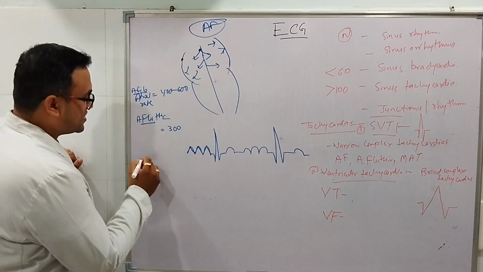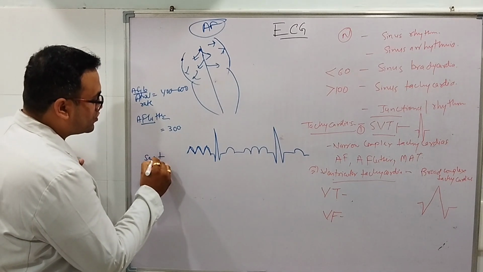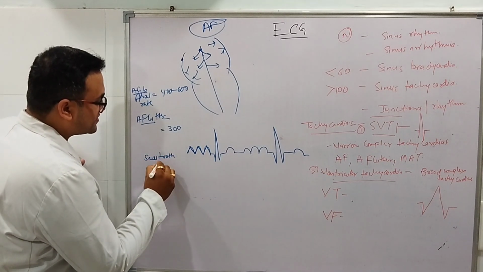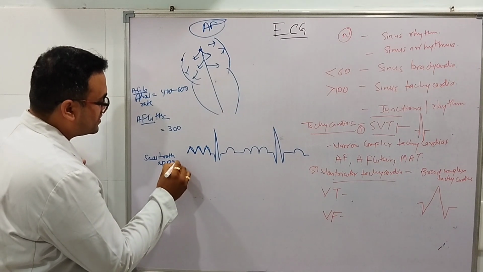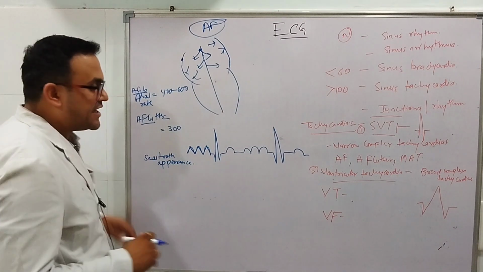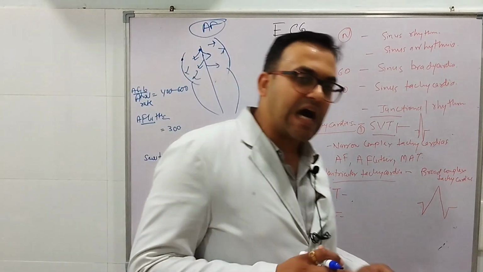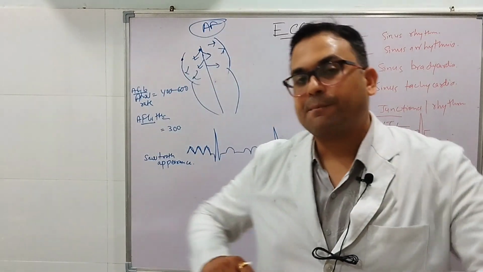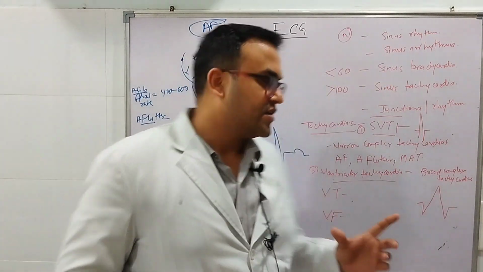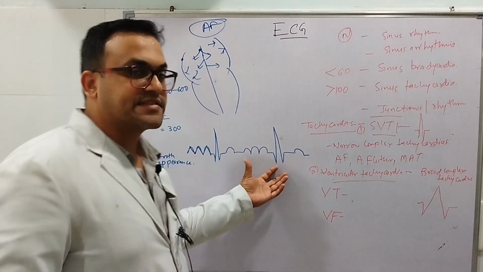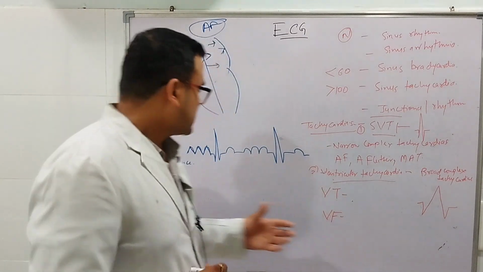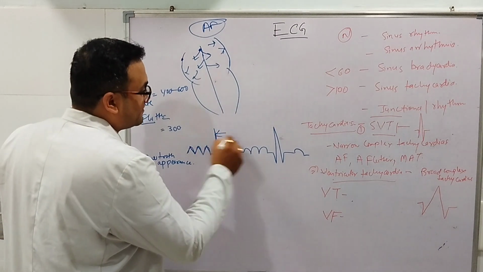This is called the sawtooth appearance. In atrial flutter, P waves are present. There are multiple P waves, and a few of the P waves get conducted to the ventricle. The RR interval will be regular.